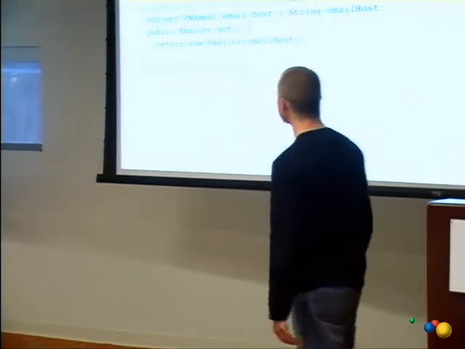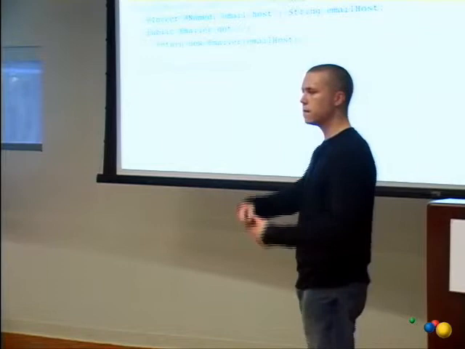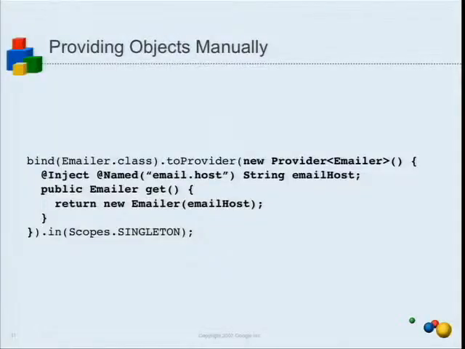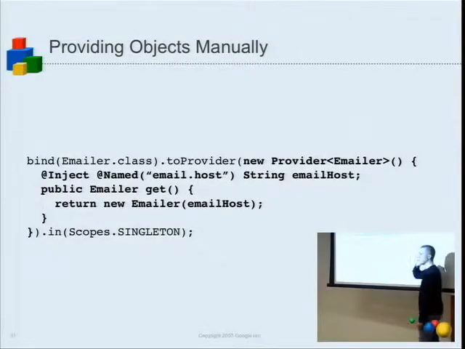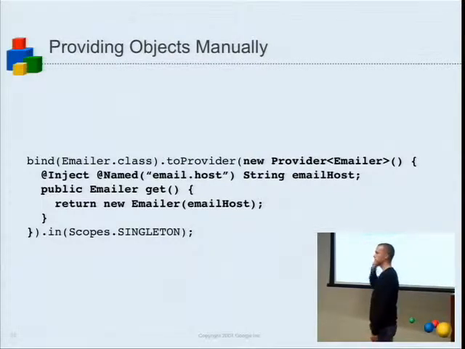You still want to be able to inject these things into other classes, right? So here's an example of that. Let's say we couldn't let Guice create an instance of emailer and we wanted to create it ourselves. So that's where Guice provides this interface called provider. Provider is a simple interface with a get method that returns an object. It's as simple as that.